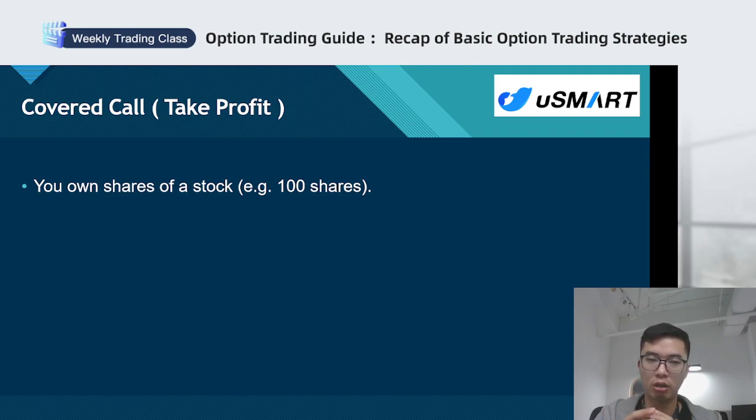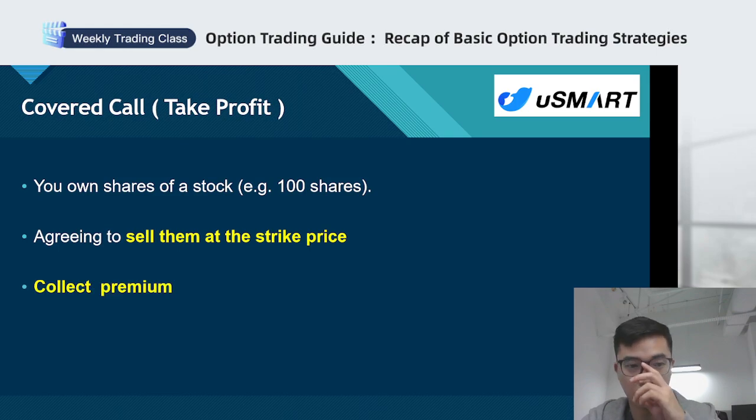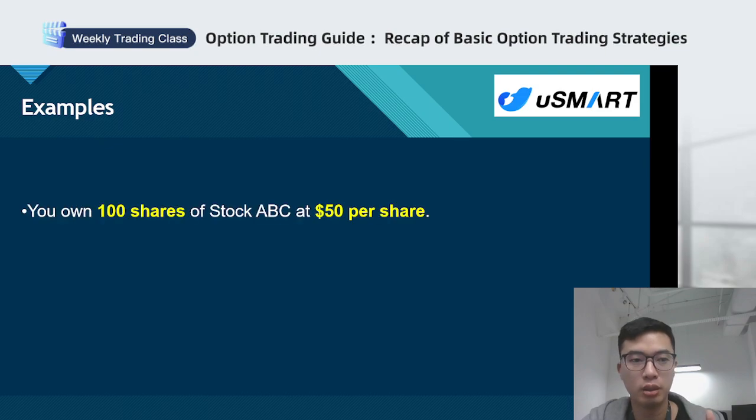When the price goes up, you will just take profits and sell your stocks. But if you don't have the stocks and you do a naked call, you incur a very big loss because you have to sell at a very high price. So when you do a covered call, you agree to sell at the strike price. Then you collect premium.